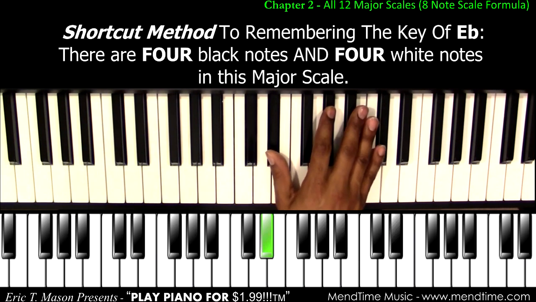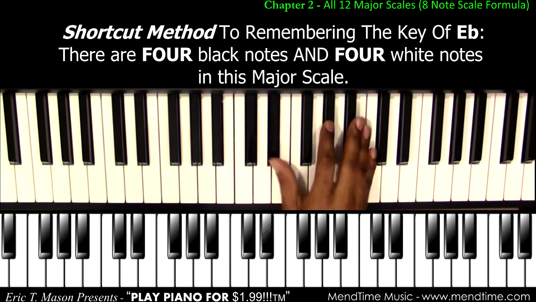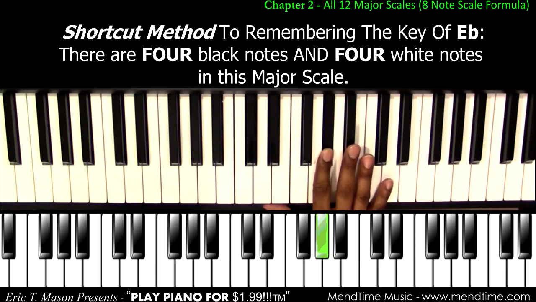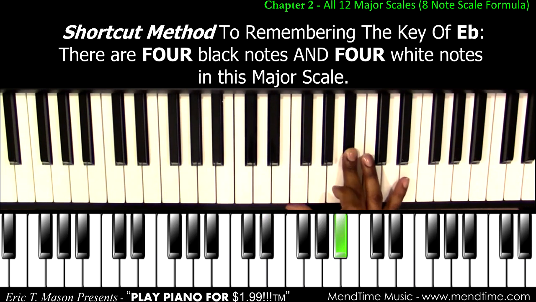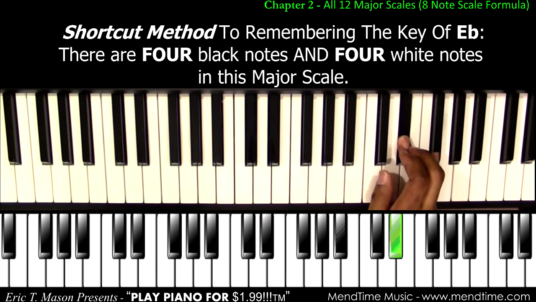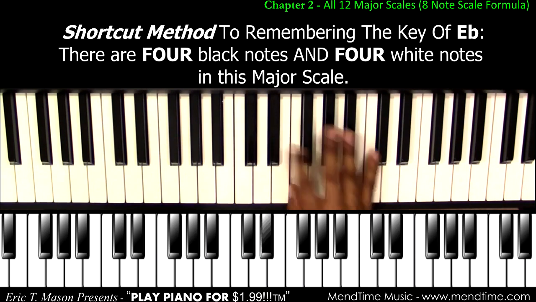So we have D sharp, E flat as the first one, G sharp, A flat is the second, A sharp, B flat is the third, and D sharp, E flat, of course, is the 4th black tone.